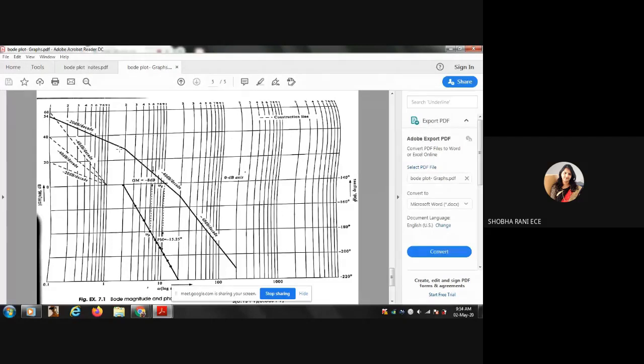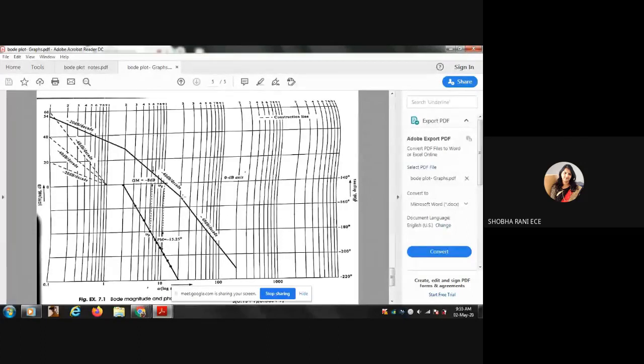But where is it changing? It is changing from minus 20 to minus 40 at 2 radians per second, minus 40 to minus 60 at 20 radians per second. So this is the frequency where the slope is changing, that we call the corner frequency. So that is nothing but your omega 1, omega 2.